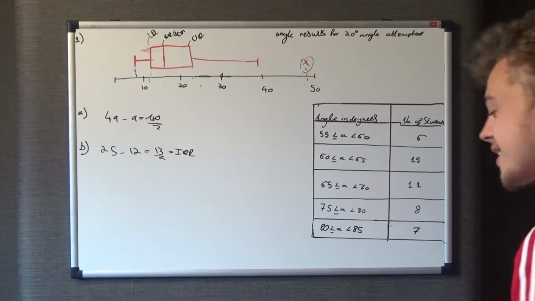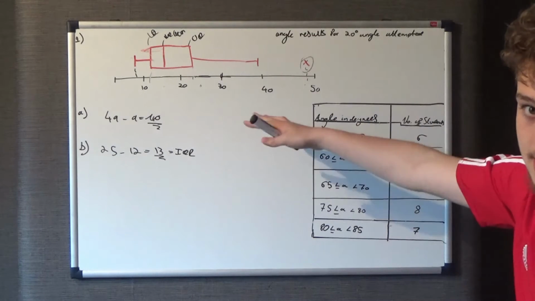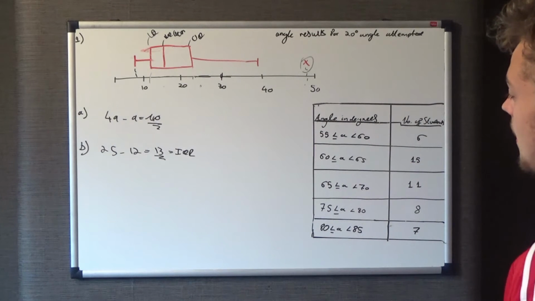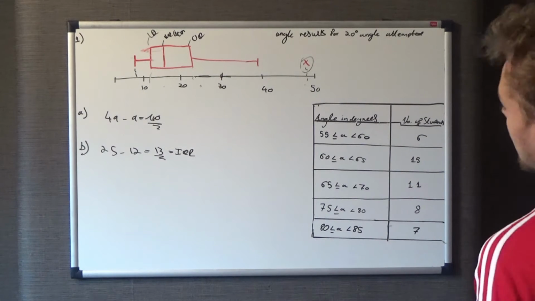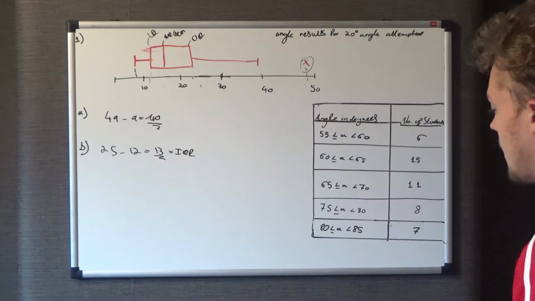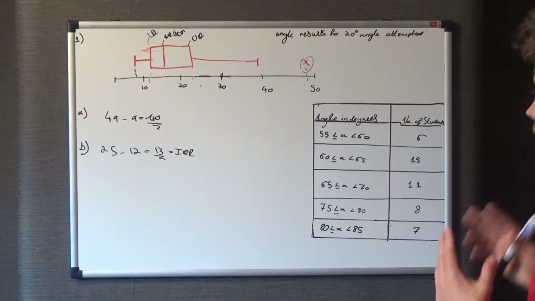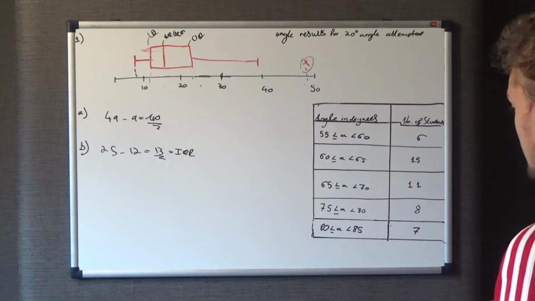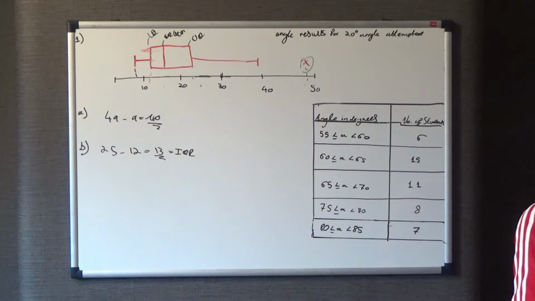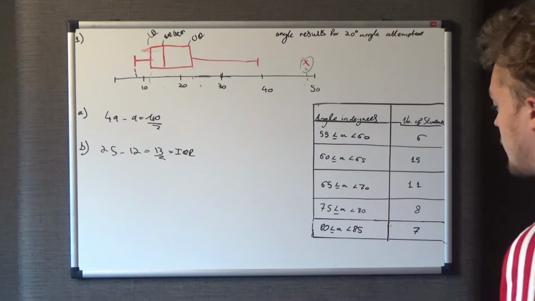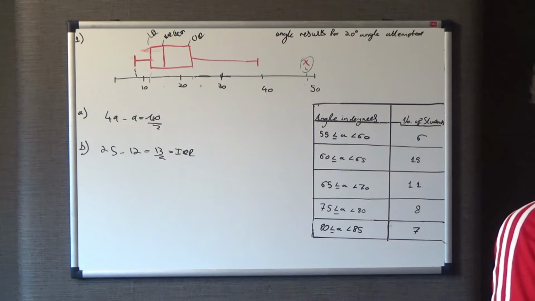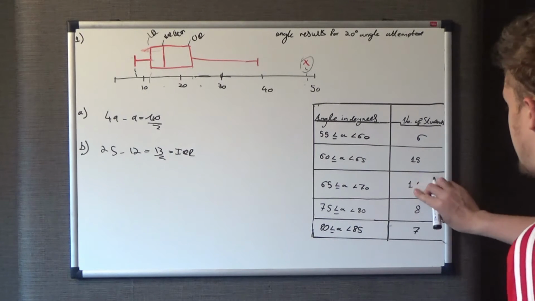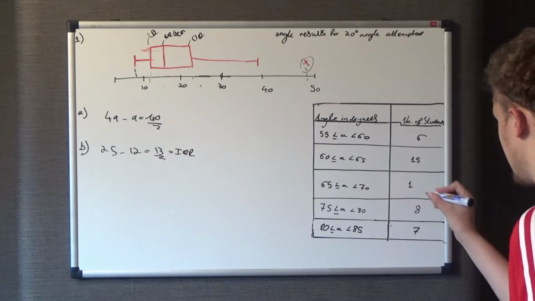Now, they've not told us the specific results, like they did here, they just told us it's somewhere between 55 and 60, 6 students got that angle, between 60 and 65, 15 students, and between 65 and 70, oh sorry, I've missed one off.